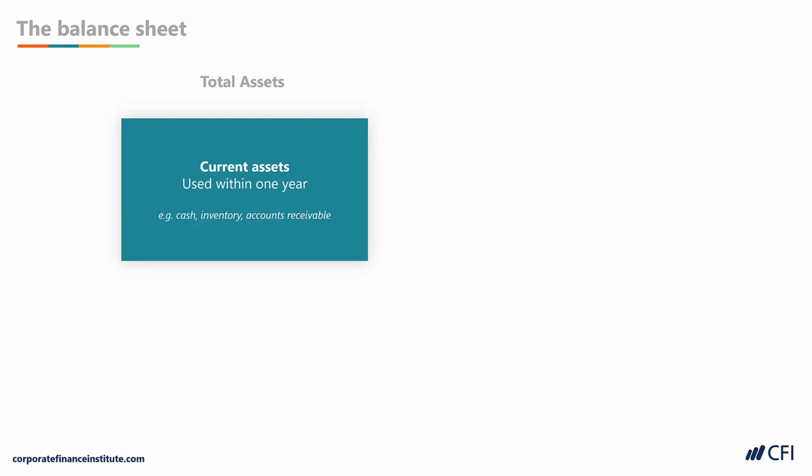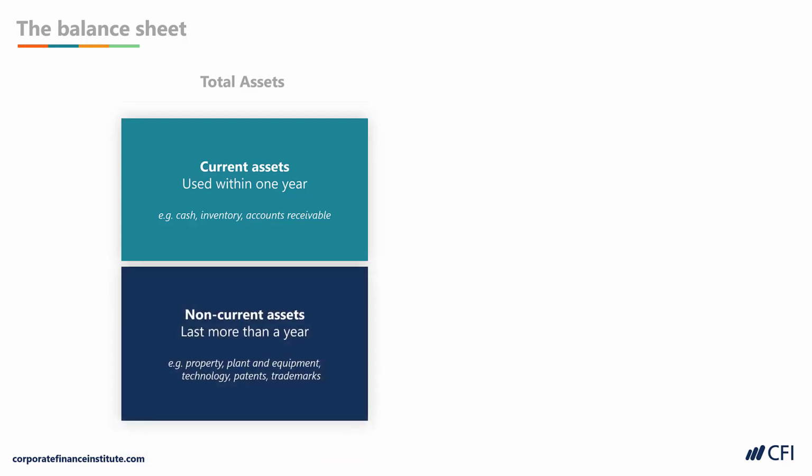The second category is non-current assets. Non-current assets are expected to last more than a year's time and include things like property, plant, and equipment, technology, patents, trademarks, etc. Non-current assets are typically grouped into two categories: tangible and intangible assets.